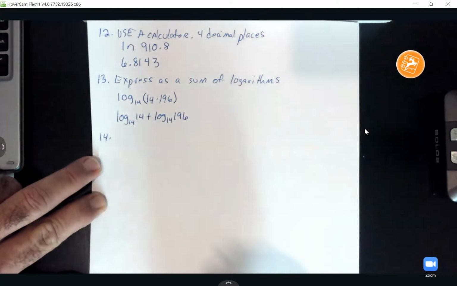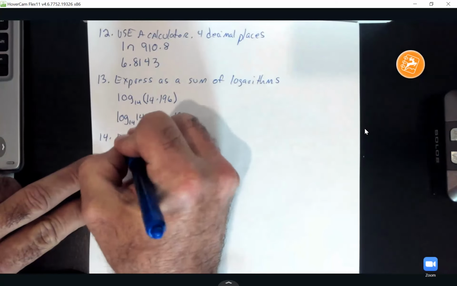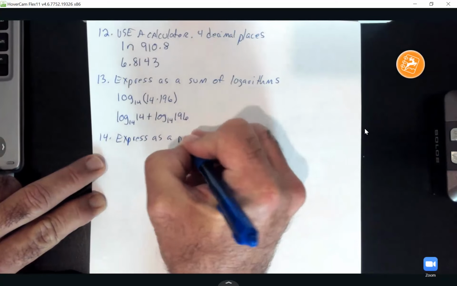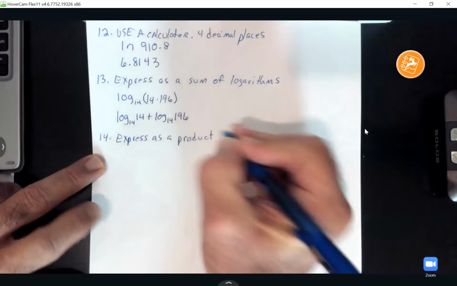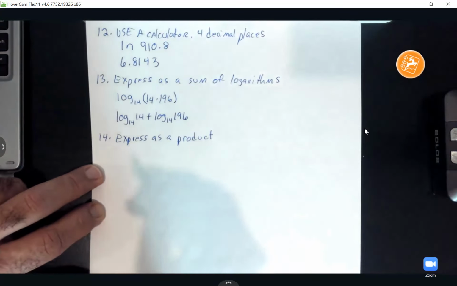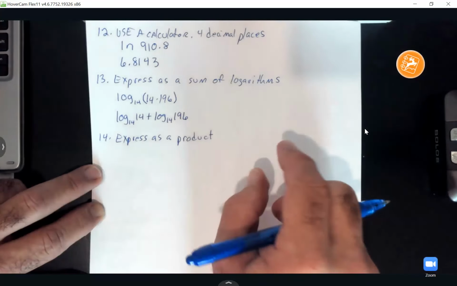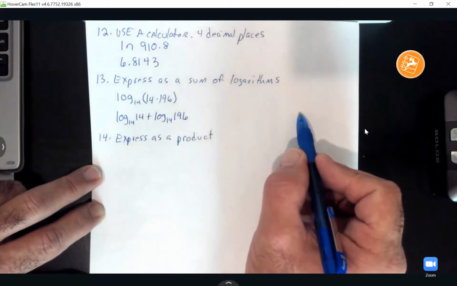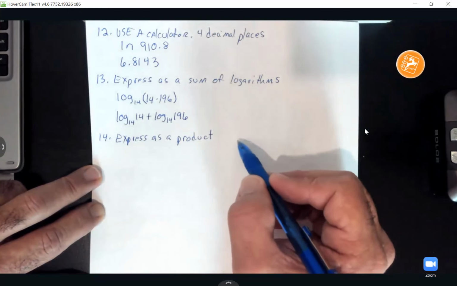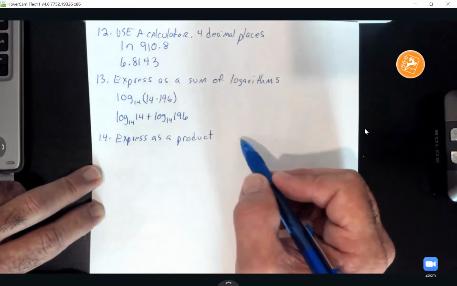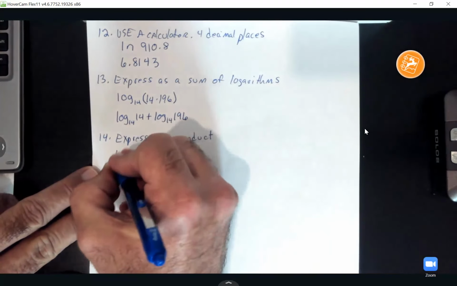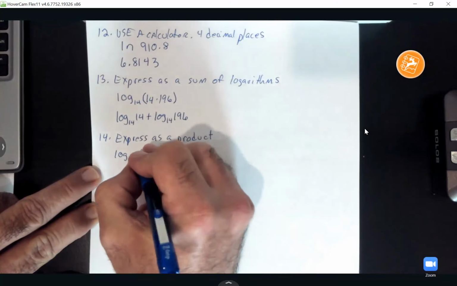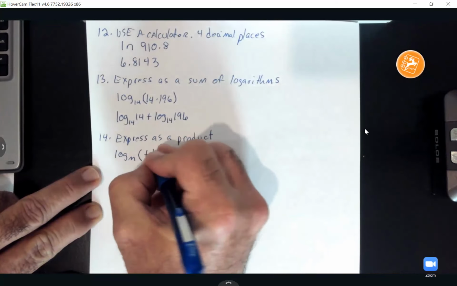All right, number 14 expressed as a product. So when you express as a product, that was using the power rule. And all I did on that power rule is I took the exponents and brought them down in front of the log. So y'all, I got a log base m of t to the 16th.